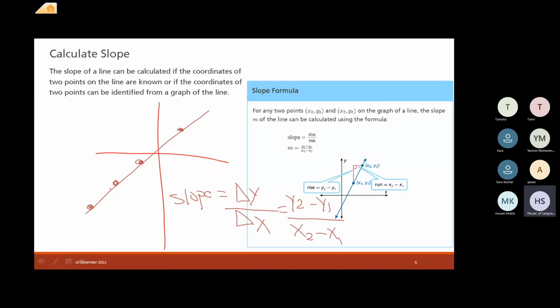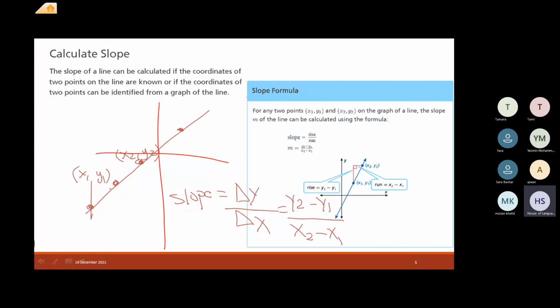What do I mean by y2? For these 2 points, as an example, here it has x1, y1. Here it has x2, y2. Okay? Each point has a coordinate. Here it has x coordinate, y coordinate, x coordinate, y coordinate.